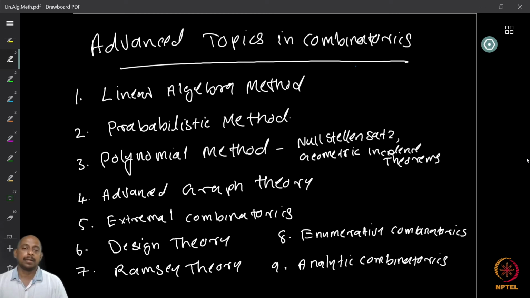But when we don't have a nice combinatorial proof, then we have to necessarily look at other techniques, and this is a very powerful technique, and we will look at least a couple of examples from the linear algebra method, and even though it's just a very short half an hour introduction, I will give you a short look at this. We will not go into eigenvalues and spectral theorems, etc. for this part. This is just a quick introduction.